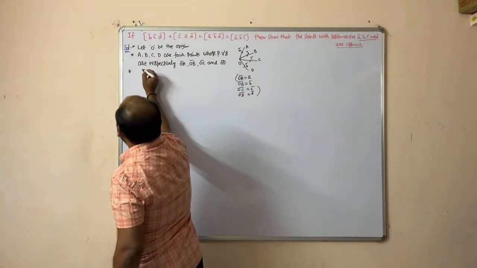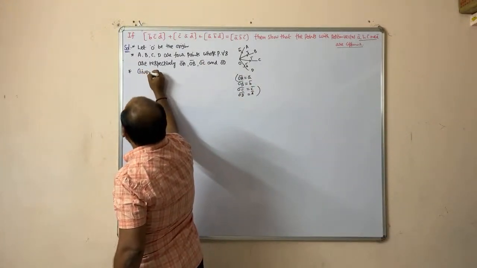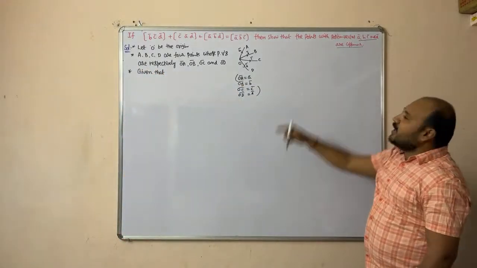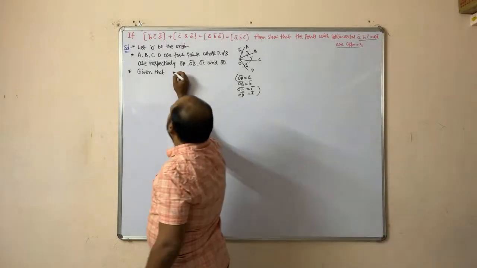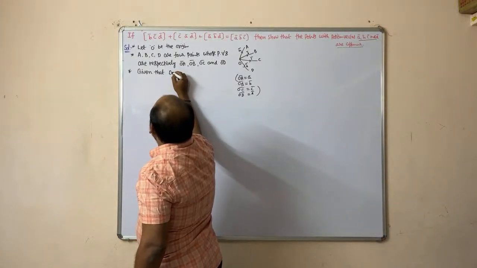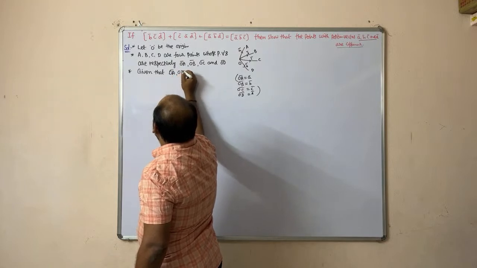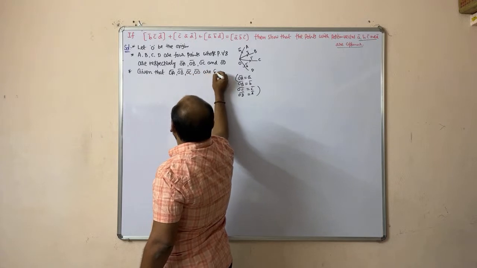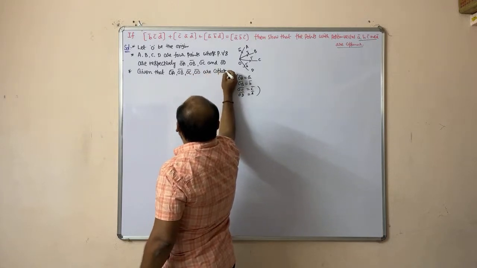Here the condition is given that the vectors OA bar, OB bar, OC bar, OD bar are coplanar.